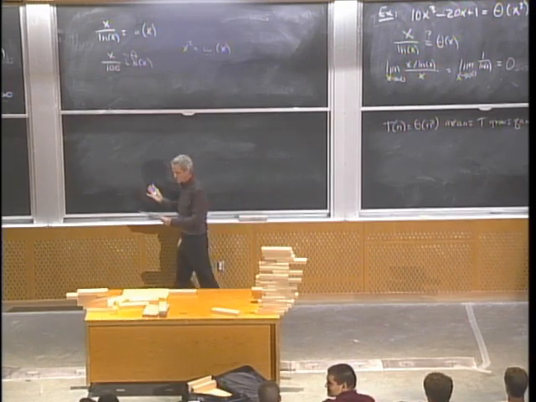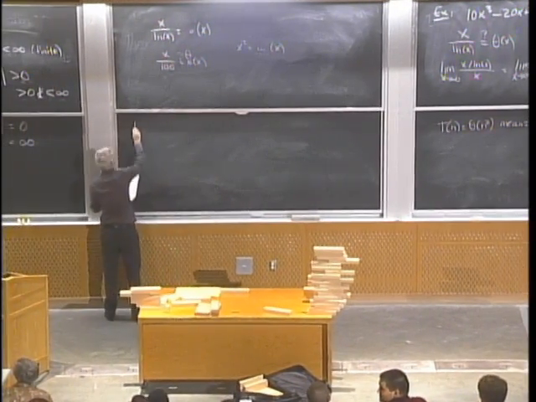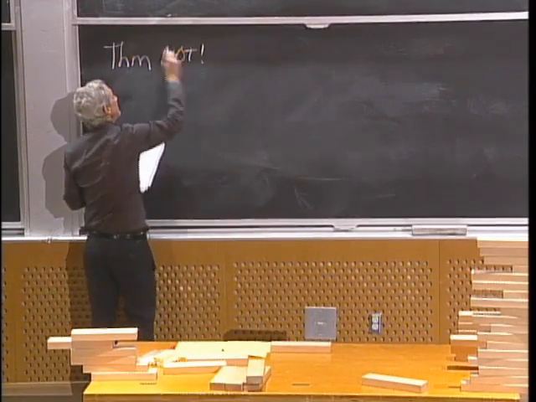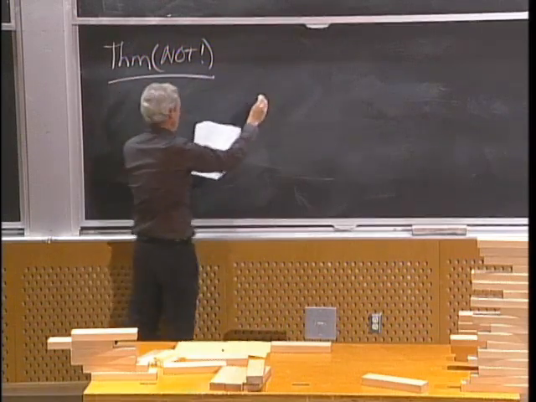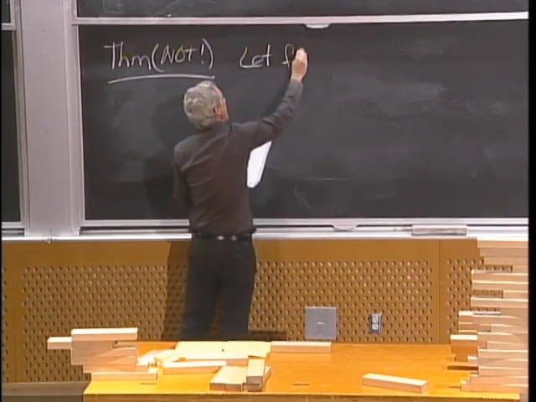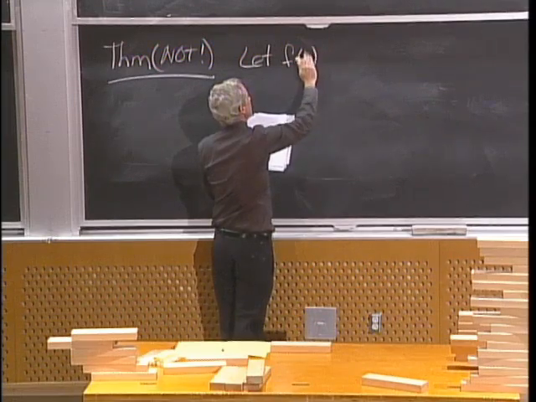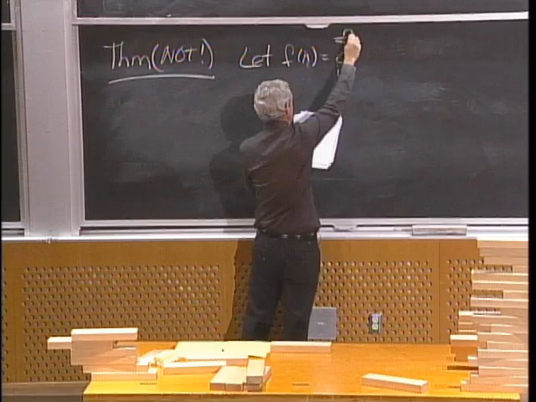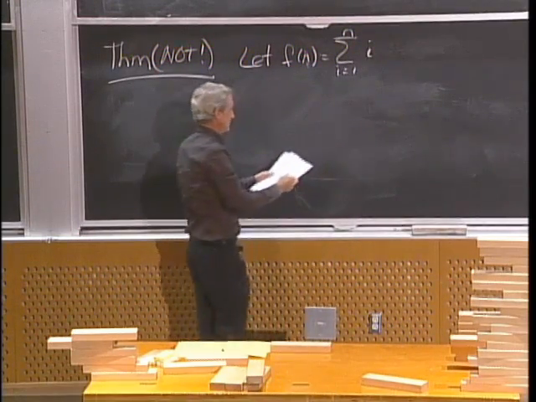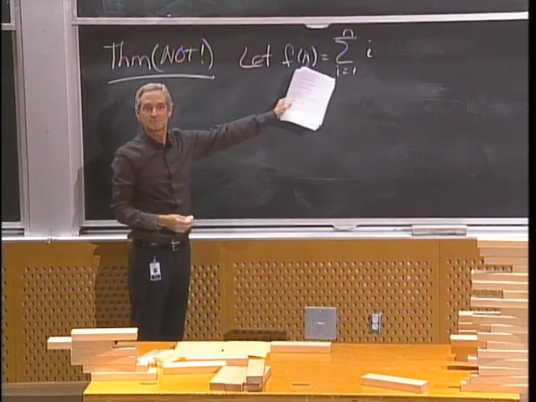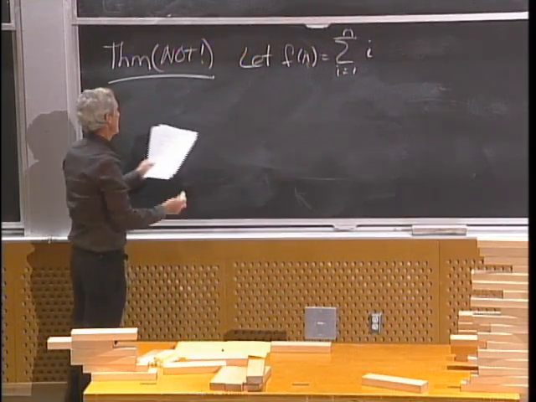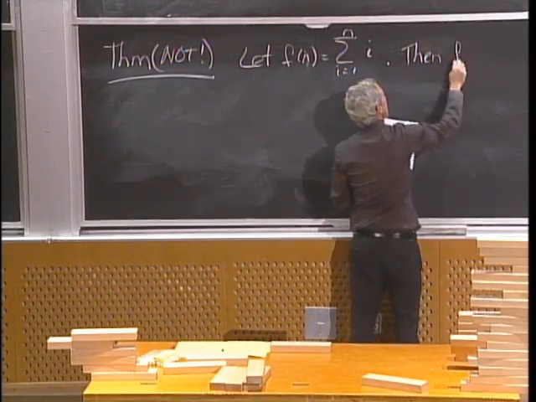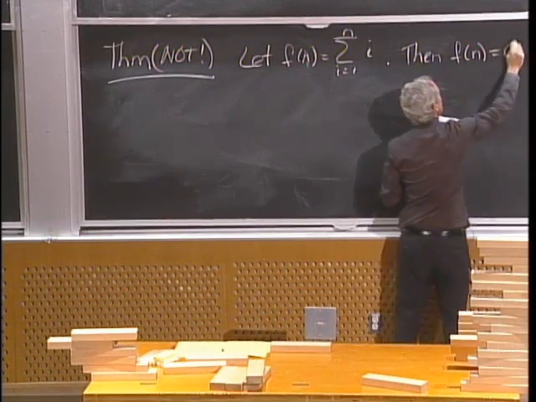It may confuse you, which is why sometimes we worry about showing you, but let f of n equal the sum i equals 1 to n of i. Now we all know what that is, right? All right. So I'm going to prove to you that f of n is O of n.